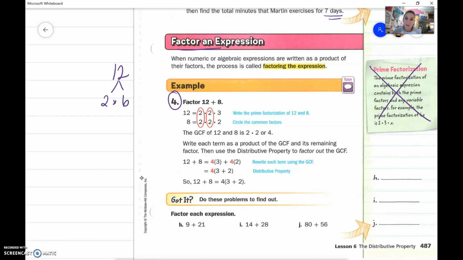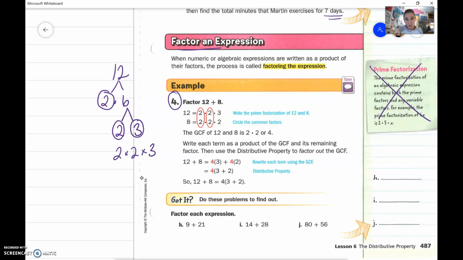I know that 2 is prime, so I'm going to circle that. Then I look at 6 and break that down to 2 and 3. I know that 2 is prime and 3 is prime. Therefore, I am done because I have no other composite numbers to break down. So the prime factorization for 12 is 2 times 2 times 3.